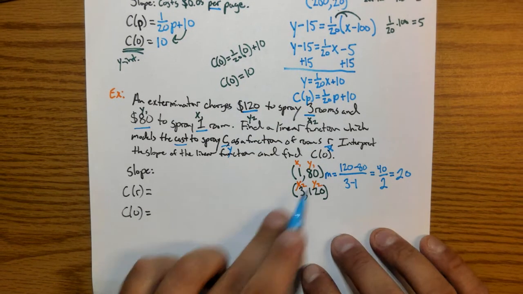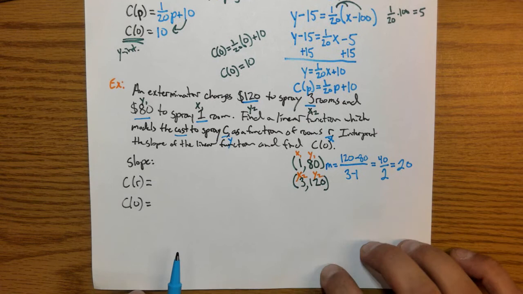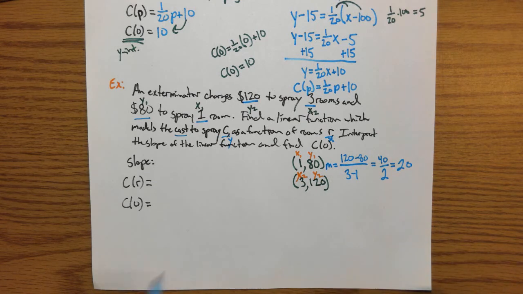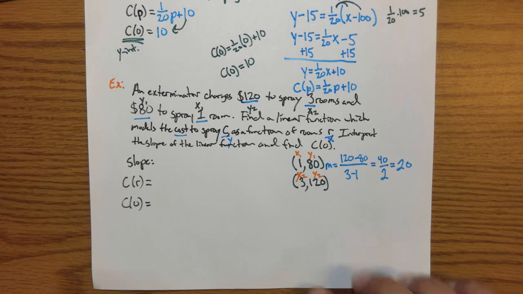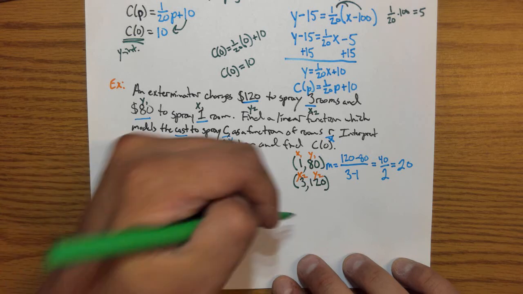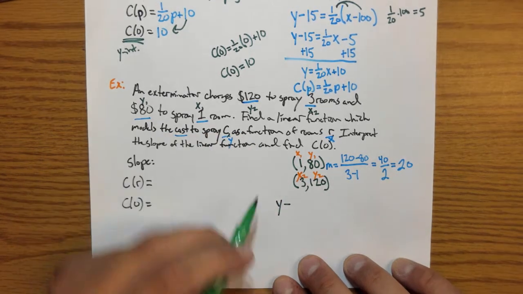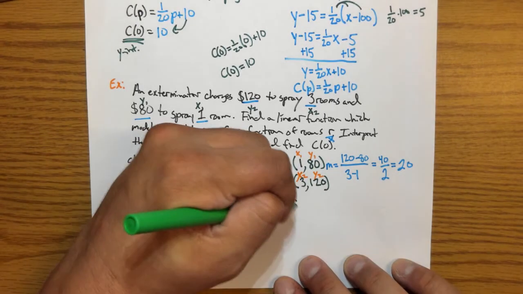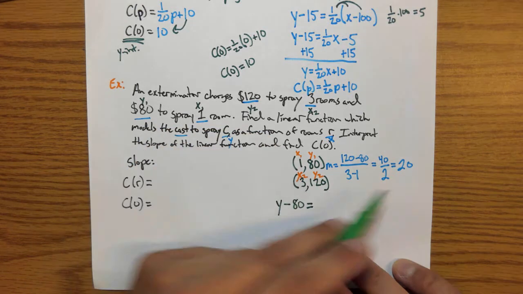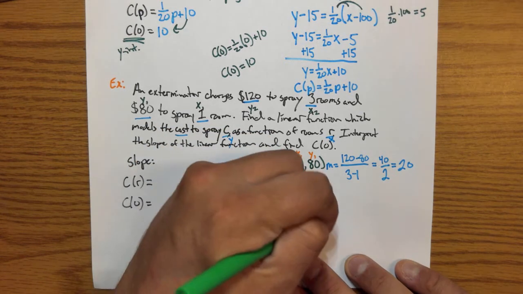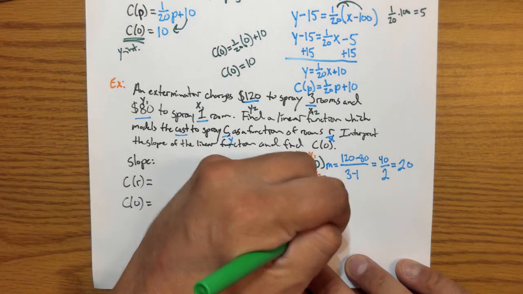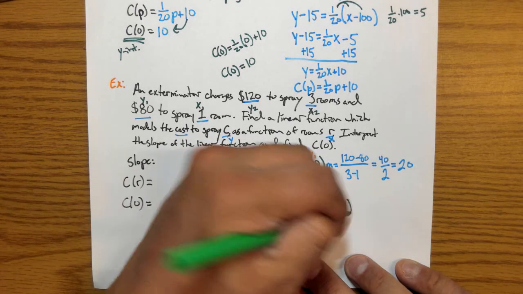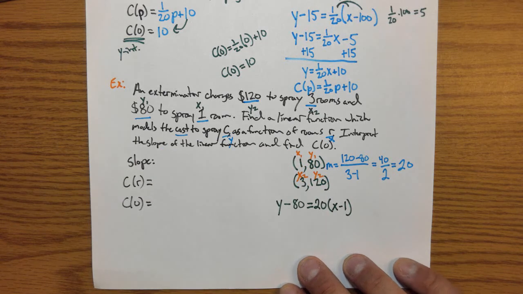Now let's plug in all of our values into the point slope form, and then we can put it into C of R form and solve for our y-intercept. So with that being said, we have y minus y1, so y minus 80 equals m, which is 20, times x minus x1, so x minus 1. All right, let's multiply this out.